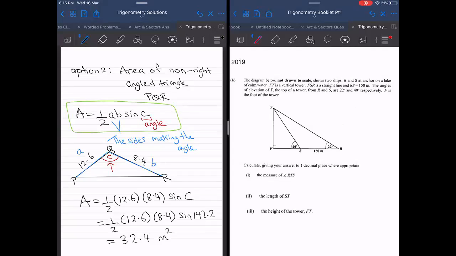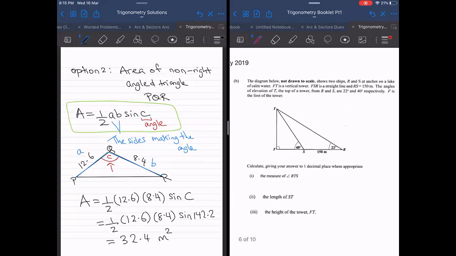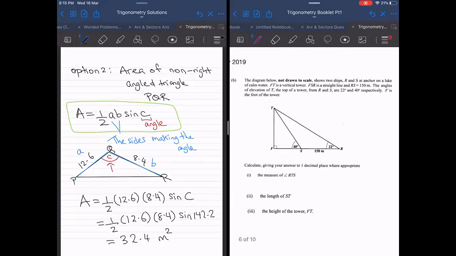Okay, if anybody needed any of the pages, let me know. We're going to go to May 2019. I kind of want to talk about angles of elevation and depression today. So that question was a big question, guys.